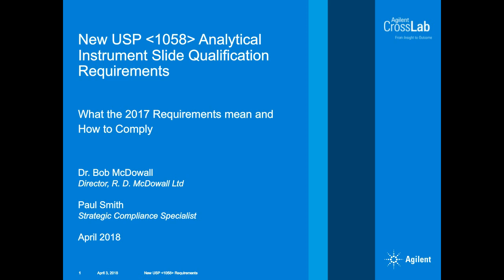Thank you. And the next question is, do I need to perform AIQ for all my analytical instruments? You want me to take this, Paul? Yeah. Okay. Yes and no is probably the easiest way to answer that.